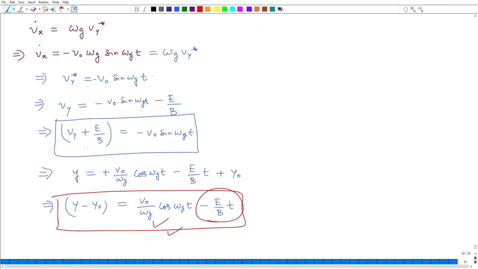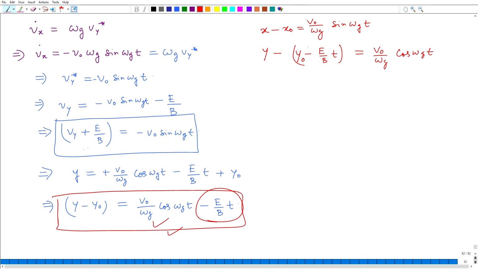We can say my x minus x0 will be simply equal to V0 by omega g sin omega g t. And I have y minus y0 minus E by B t, which is equal to V0 by omega g cos omega g t. I can write it like this as well.